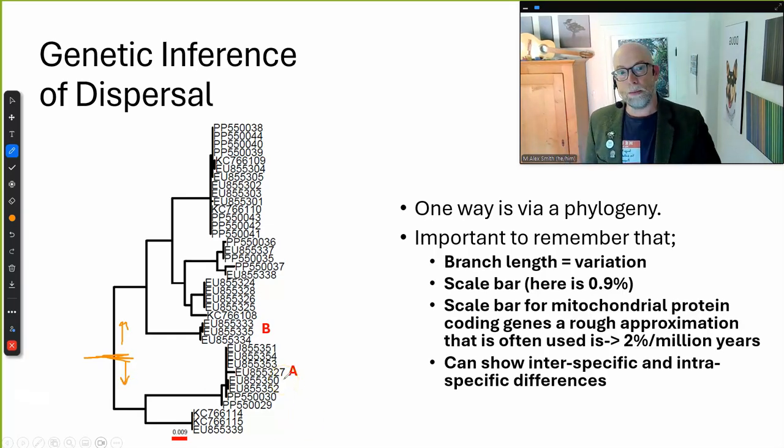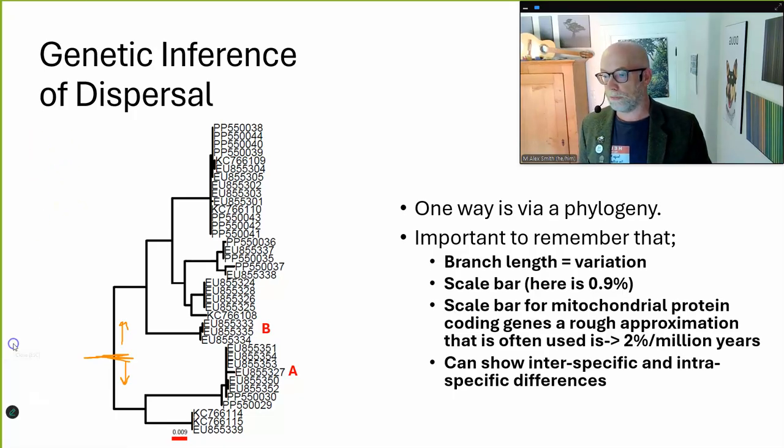So A is a member of one species, and this other cluster in the phylogeny is another population of this. So this is intra-specific variability here. Inter-specific, between species variability, would be that calculation between A and B. So you can see both, and you can measure and make inferences about both within species and between species processes here.